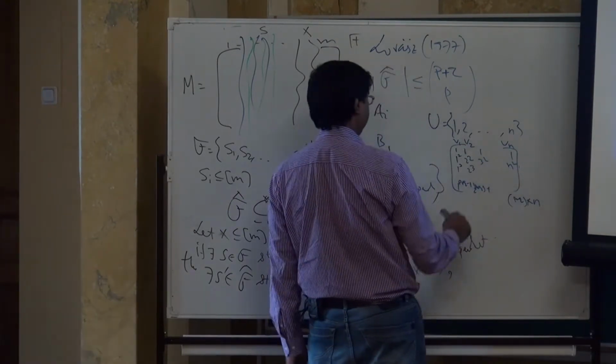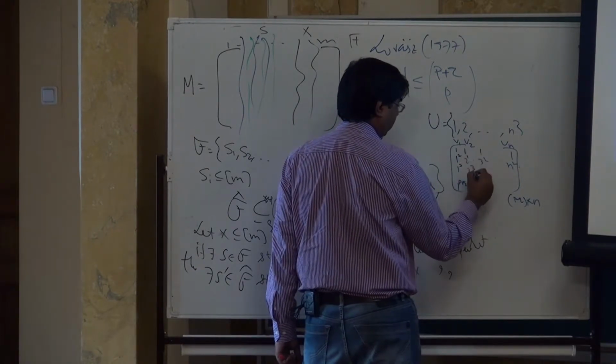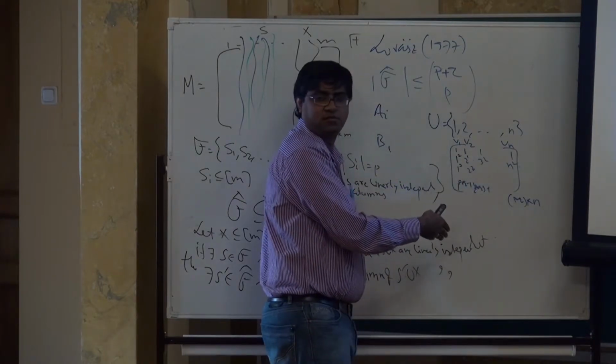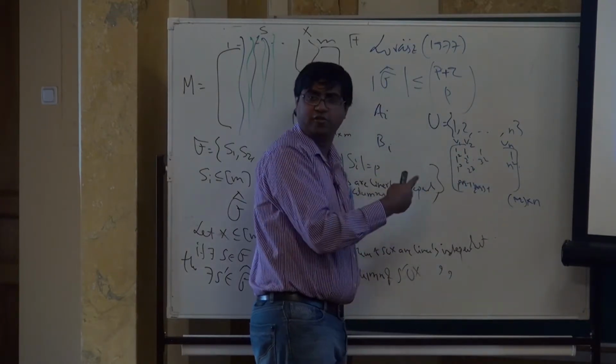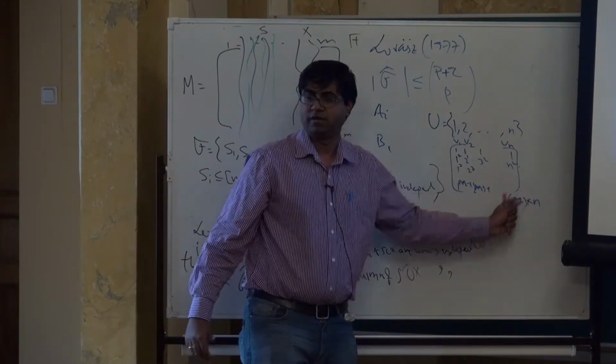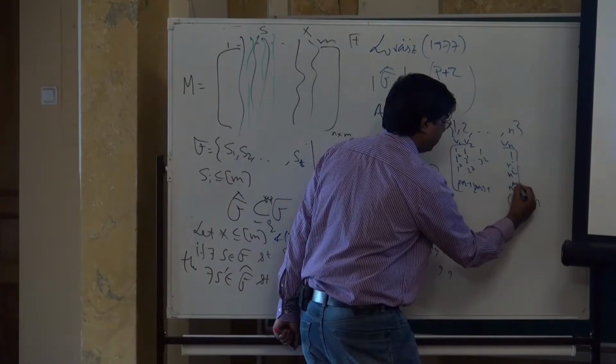No, maybe I'm doing it wrong. It's like 1, 2 to the power 1, 2 to the power 2, and so on. I'm just writing a Vandermonde matrix. Do you know the Vandermonde matrix? So this, of dimension P plus Q cross n, is all that I'm writing: 1, n, n square, up to n to the power P plus Q minus 1.